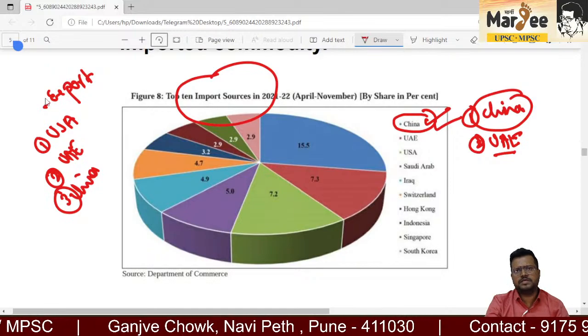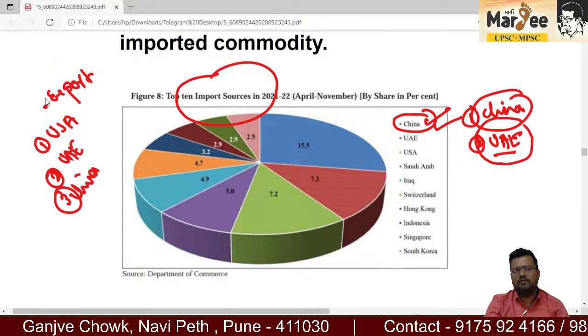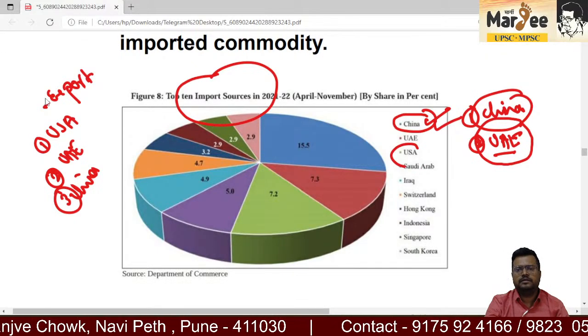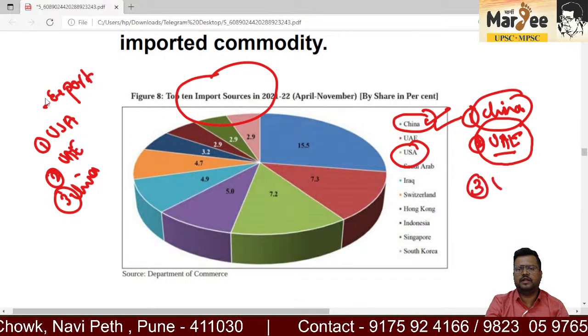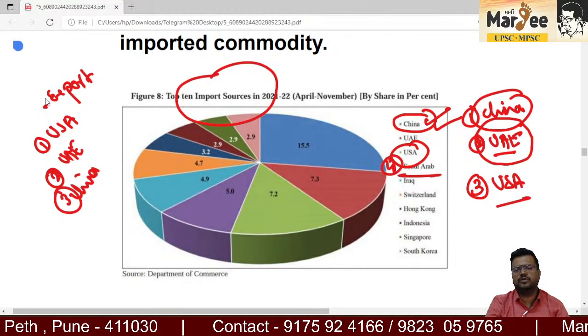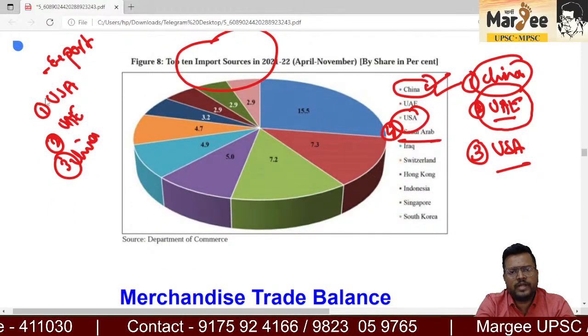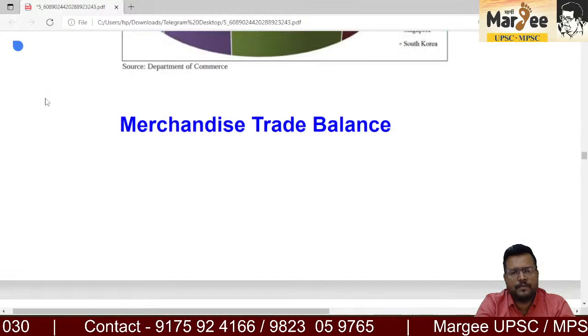It is the second destination for imports. Then the third importing country in the context of India is USA. Fourth is Saudi Arabia. So you must have an idea related to the top 10 import sources in the context of India.